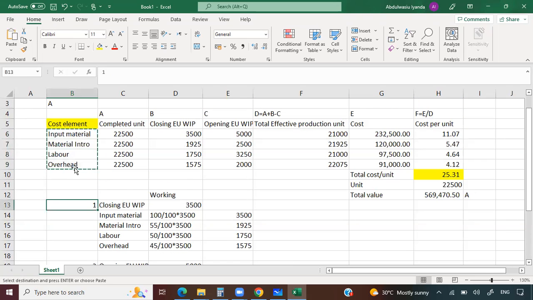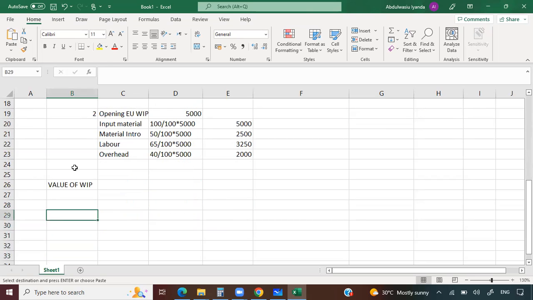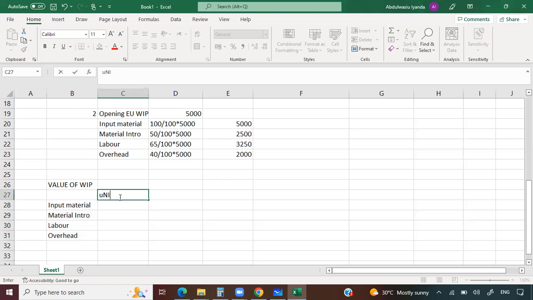Copy this now and go down. This is the unit. This is the cost per unit. Let's say calculate the value. This is the element of cost.